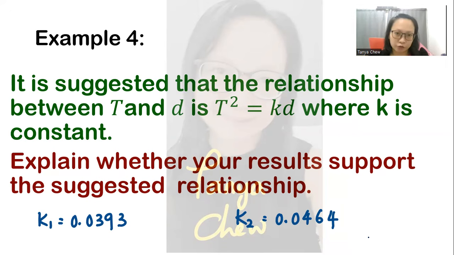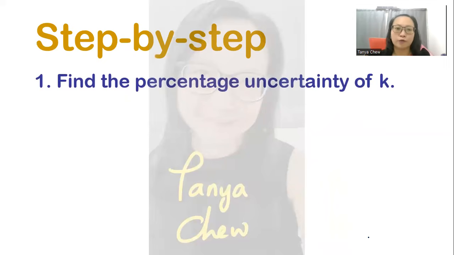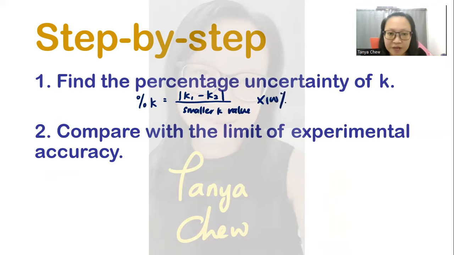So what are you going to do about it? How do you calculate the percentage uncertainty of K to check whether your results support the suggested relationship? Let us look at the step-by-step method. First of all, you find the percentage uncertainty of K. Percentage uncertainty of K is equal to the difference between the 2 K values, whether it's K1 minus K2 or K2 minus K1, divided by the smaller K value, times 100%.